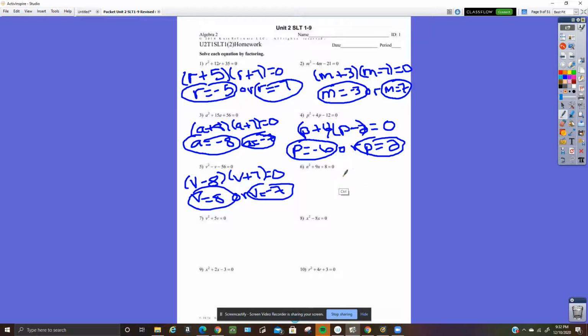And then the factors of 8 that add up to 9 are 8 and 1. And n equal -8, or n equal -1.